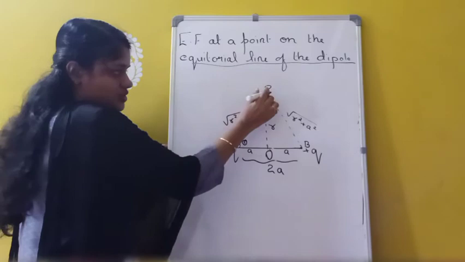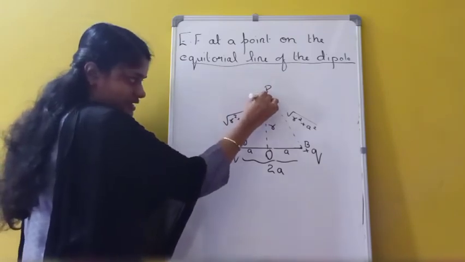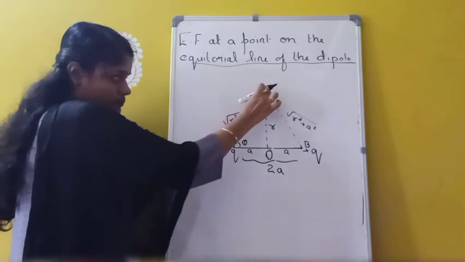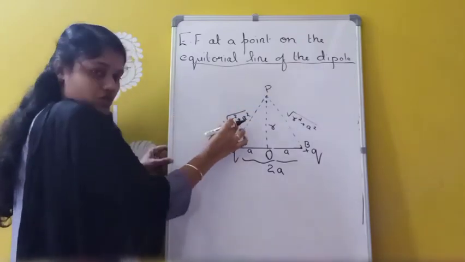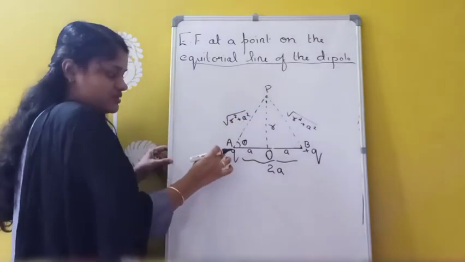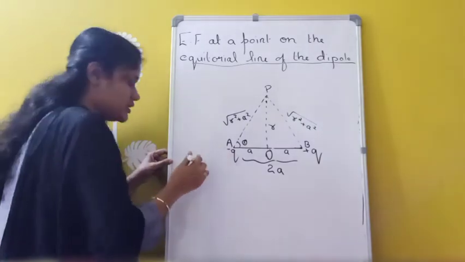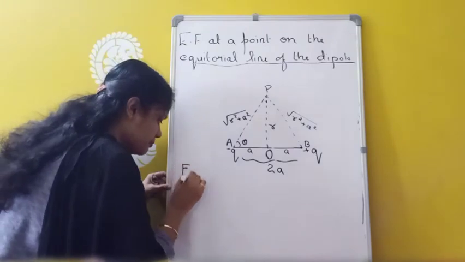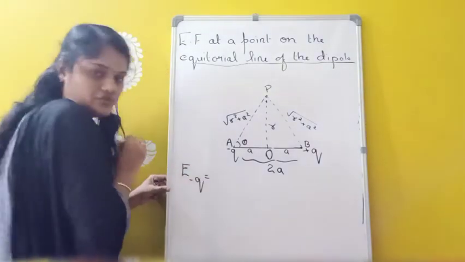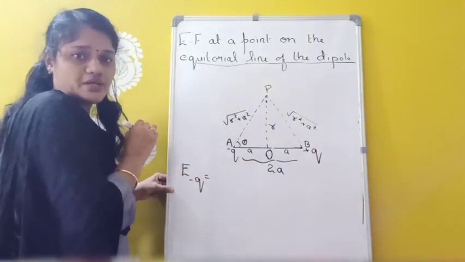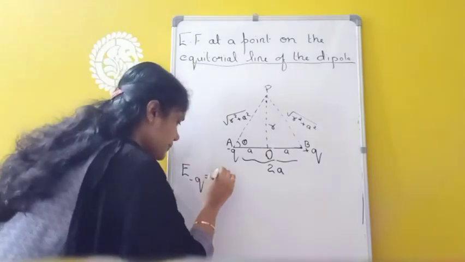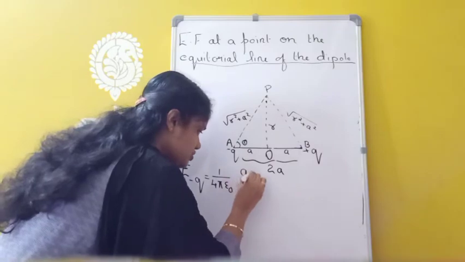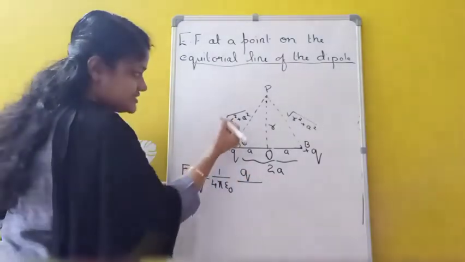First of all, we are going to find the electric field at this point P due to minus Q charge. This point P is at a distance of root of R square plus A square from minus Q charge. So what is the formula? 1 by 4 pi epsilon 0, magnitude of charge Q divided by distance square.